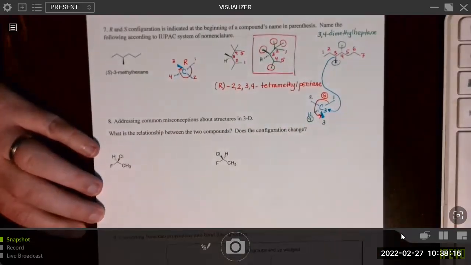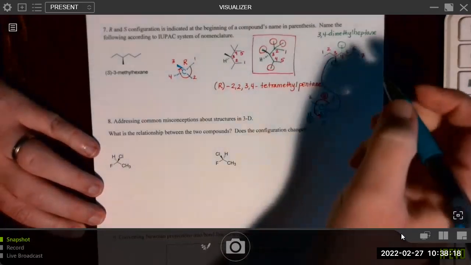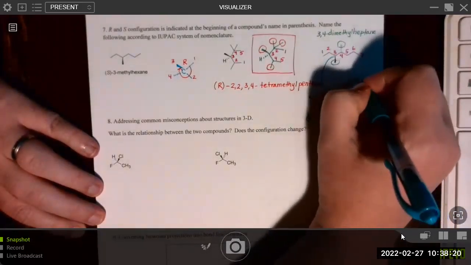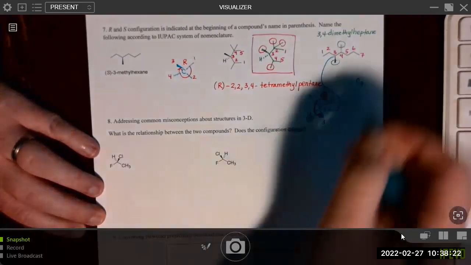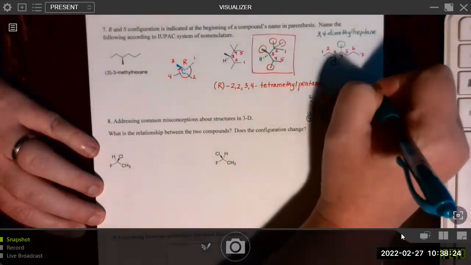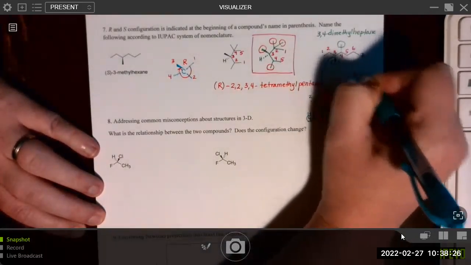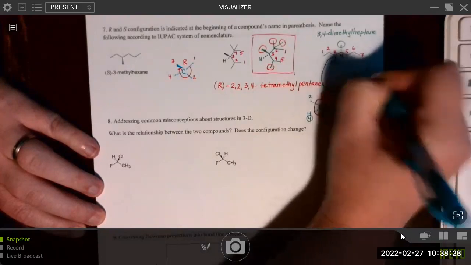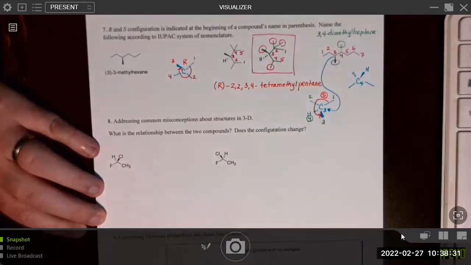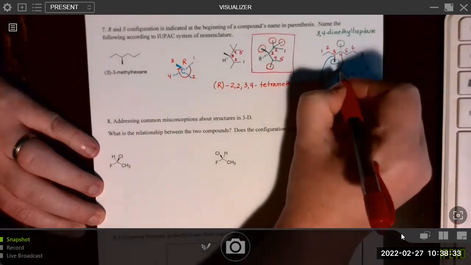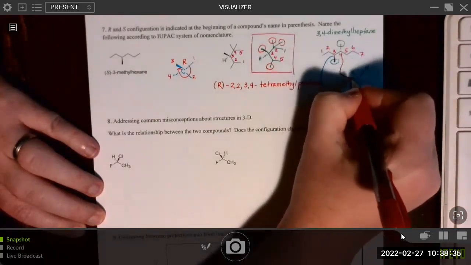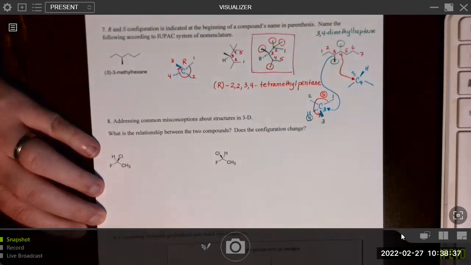Right, and then over here, I'm going to do carbon 4. And I'm going to draw the groups attached here. And again, I'm going to make a little line so you know exactly why I've drawn C4.